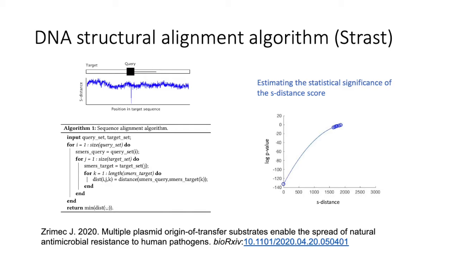But besides this, we also developed a function to estimate the statistical significance of the S-distance scores. This was done by estimating the permutational p-values at different significance cutoffs and then curve fitting on this data to obtain a continuous function. As a note, this is the same algorithm as in the paper, just the definition is slightly expanded to include formally defining that structural representations are computed for both query and target sequences.